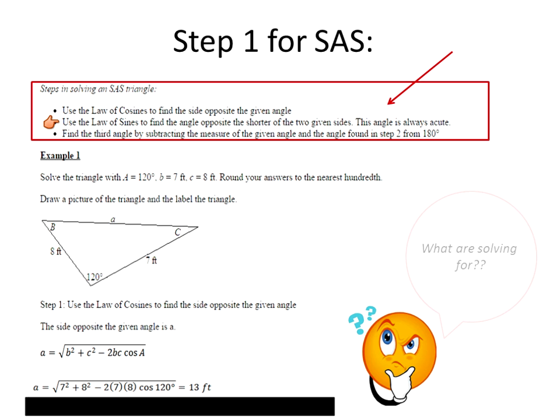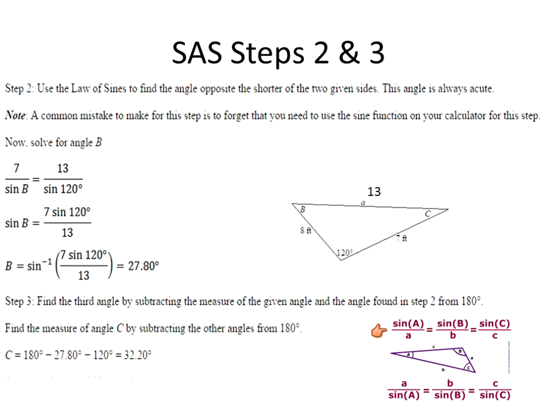What do we do next? It says use the law of sines to find the angle opposite the shorter of the two given sides. This angle is always acute. So now we go to the law of sines, another formula here. What do we have and what can we work with? They are trying to solve for angle B here. So we are going to use b over sine B, and we have one angle given, and that's angle A. So we're going to set that equal to a over sine 120.